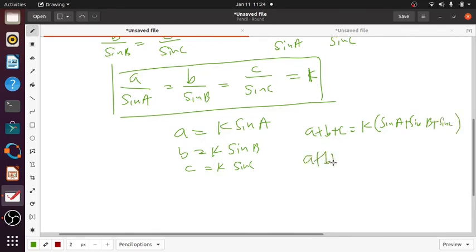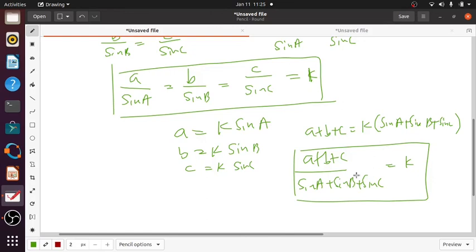So a plus b plus c over sine A plus sine B plus sine C is equal to k. Right? So you don't have to memorize this relationship actually.